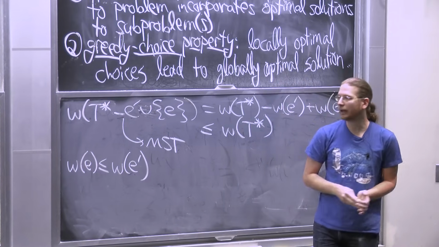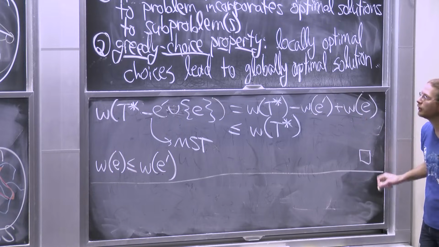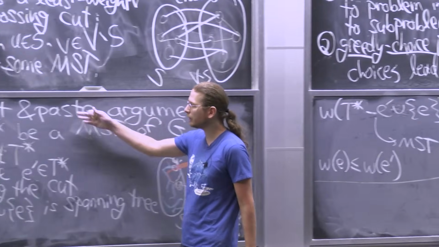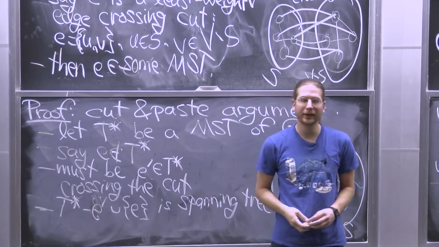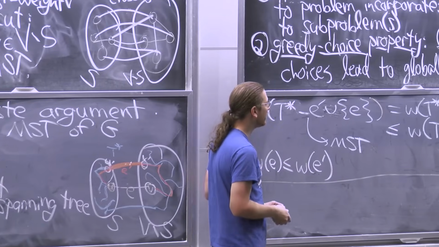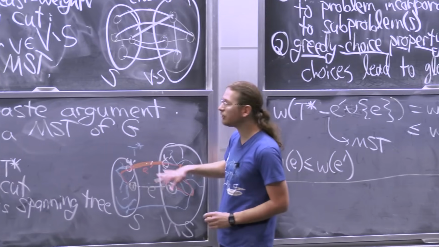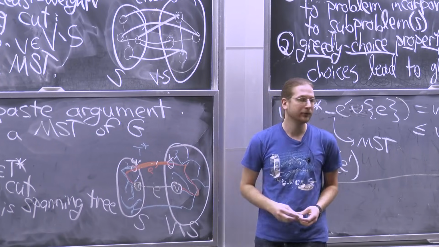And I'm going to observe one extra feature of this proof, which is that we cut and paste in the sense that we removed one thing, which was E prime, and we added a different thing, E. And a useful feature is that the things that we change only are edges that cross the cut.